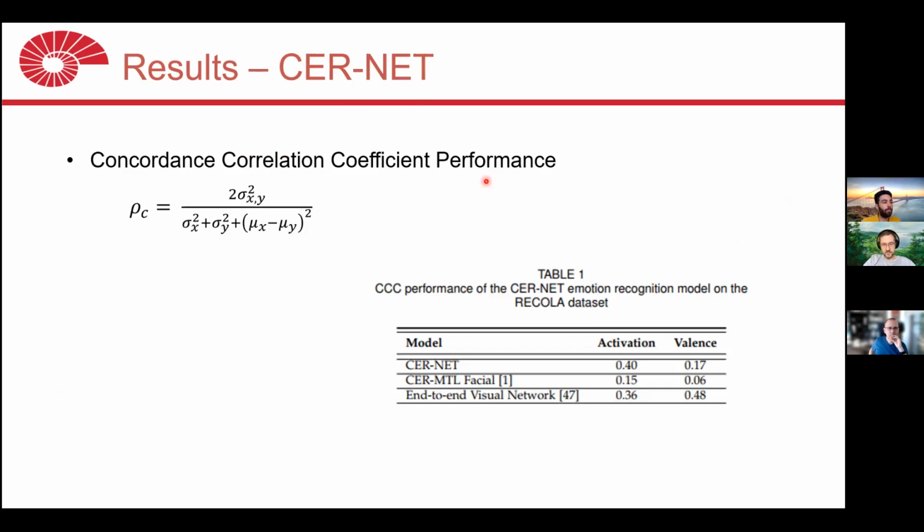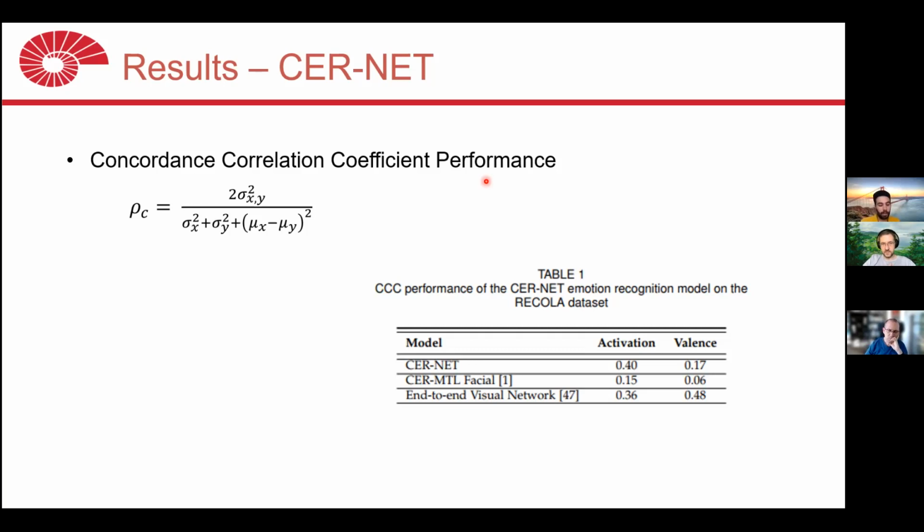First, we compare our module with one of our previous works, which only uses visual information, and we've seen that it has stronger performance. We also compare it with one of the state-of-the-art modules, which again only uses visual information to estimate these values, and we have seen that it has a competitive performance for activation and valence.